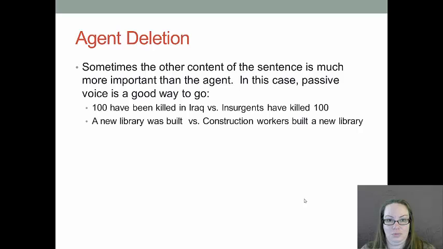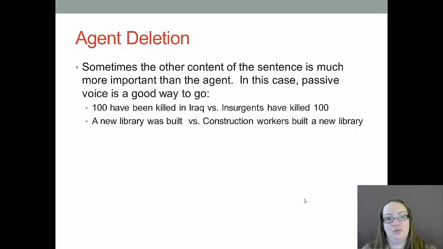So the semantic word order, or whether it's active or passive, helps us talk about a specific topic. So we could say something like, 100 have been killed in Iraq versus insurgents have killed 100. A new library was built versus construction workers built a new library. So whether you want the focus in the first one to be on the people who were killed or the insurgents who did the killing, or in the second one, whether you want the focus to be on the library or the construction workers.